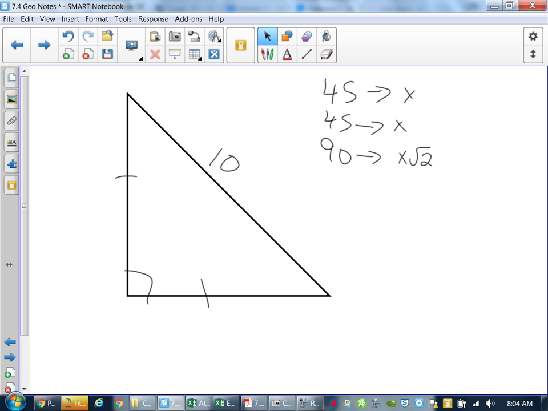Across from which angle do you know? The 90. We know that across from the 90 is this value of 10. So I set the x root 2 equal to 10. Again, it's a one-step equation. So we're always gonna write x.